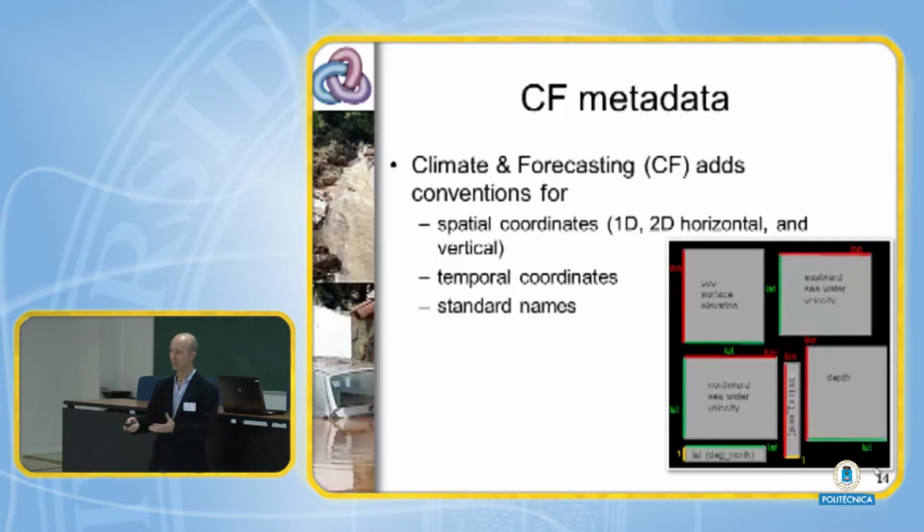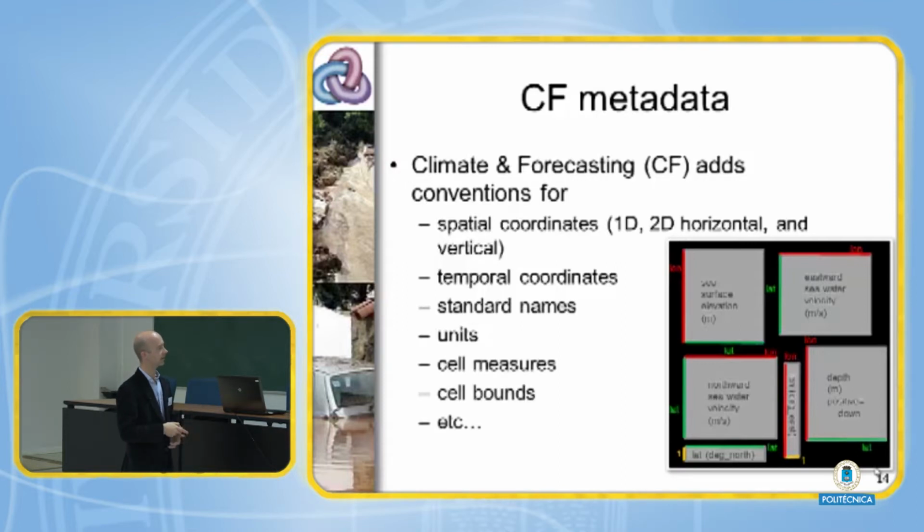But then again, where is exactly the transition and how do you name it? As long as it's a standardized name, it's fairly easy to make your own translation to whatever name you want to use in your system. And then units and other metadata standards.